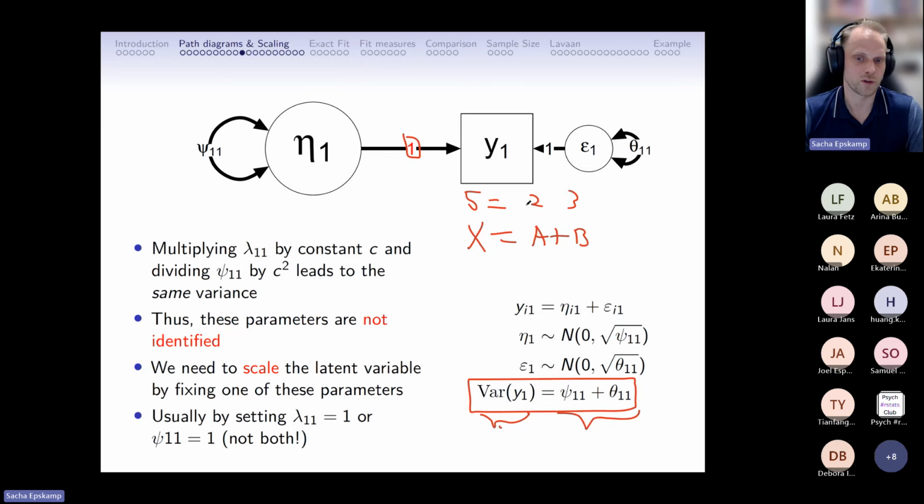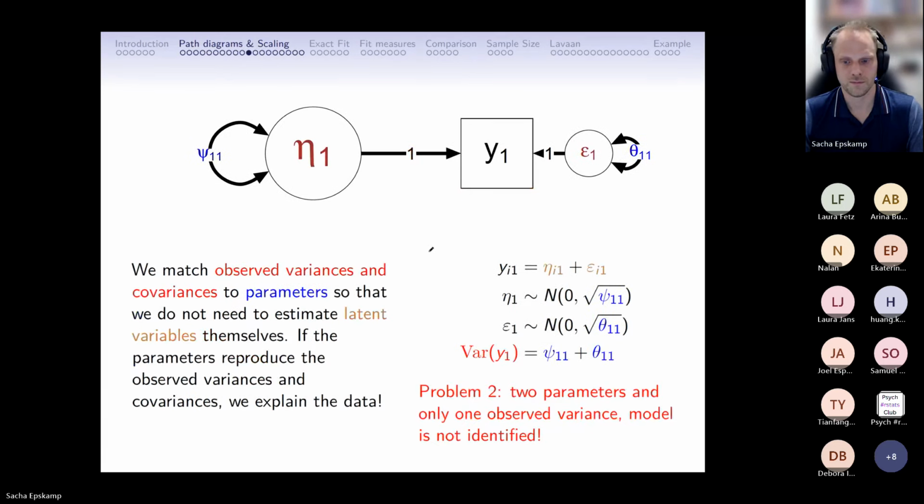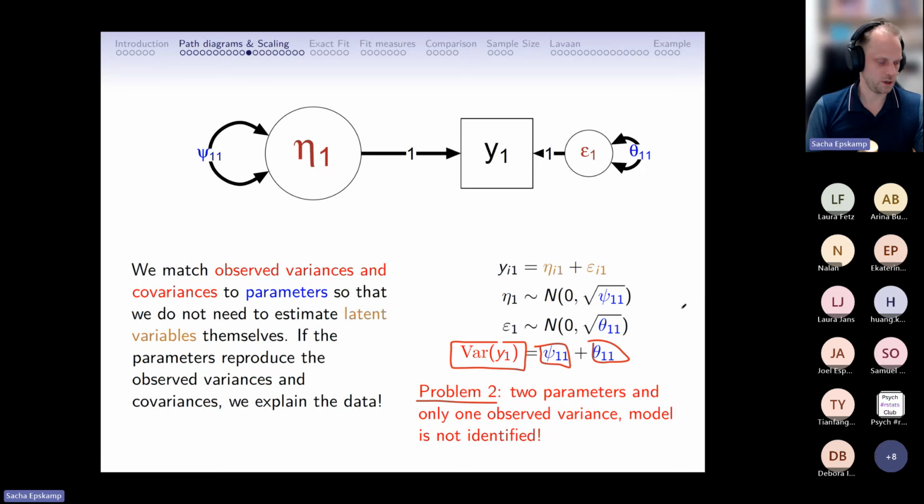There is an infinite number of combinations I can use to get this. So that's problem 2. We cannot solve that equation because we have 2 unknowns and 1 known value. So that is also problematic.